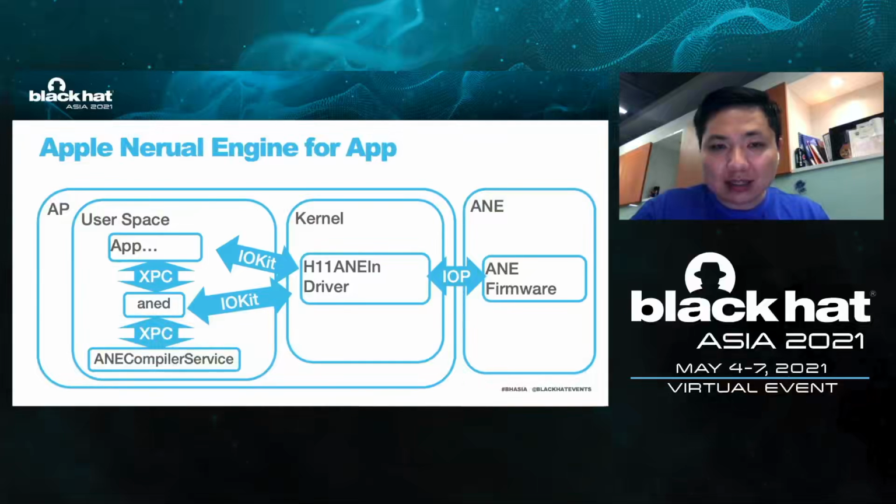Similarly, I use some frames and arrows to indicate different privileged spaces and interaction methods. Unlike a secure neural engine, app can directly access several kernel driver interfaces. The compilation of ANE will be in a separate and isolated process, and the ANE firmware is not encrypted.